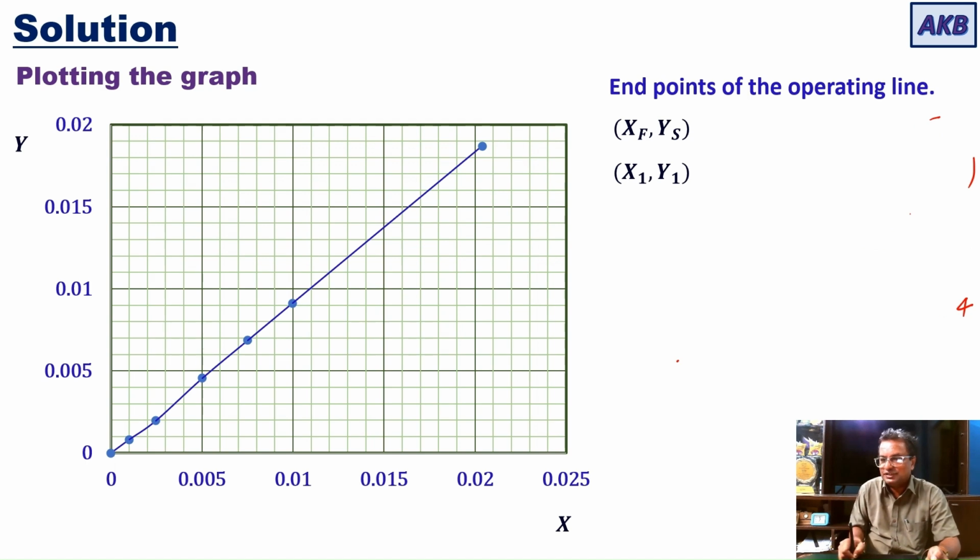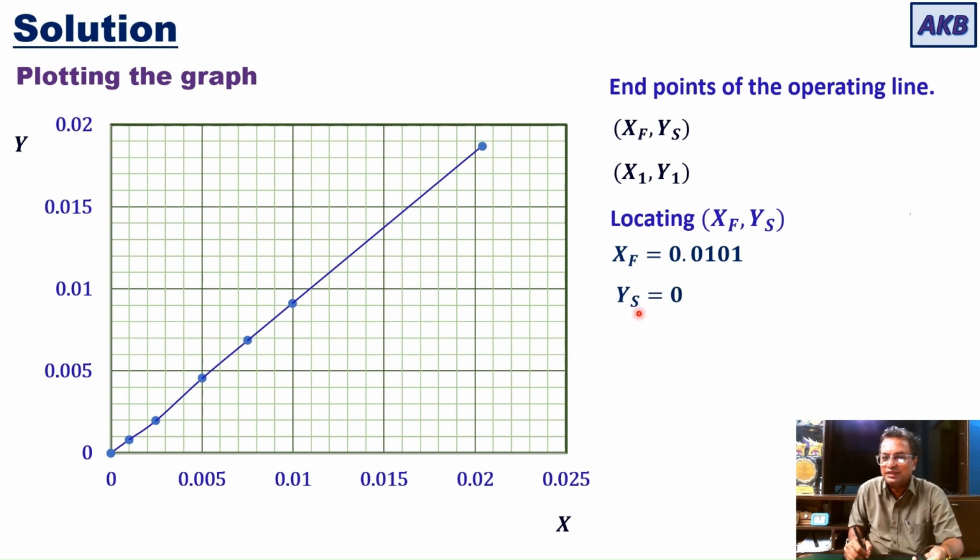First we will locate the point whose coordinates are known, that is XF, YS. In this case, XF is 0.0101 and YS is 0. That means the point will be located on the x-axis, where x is 0.0101. So 0.0101 is over here.